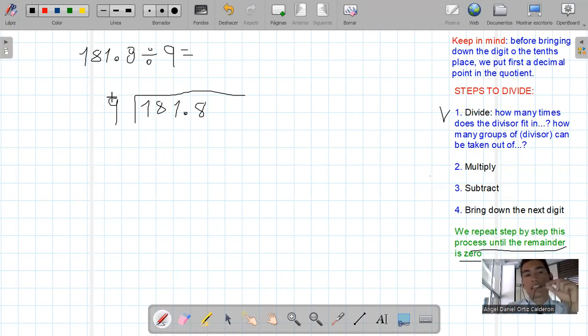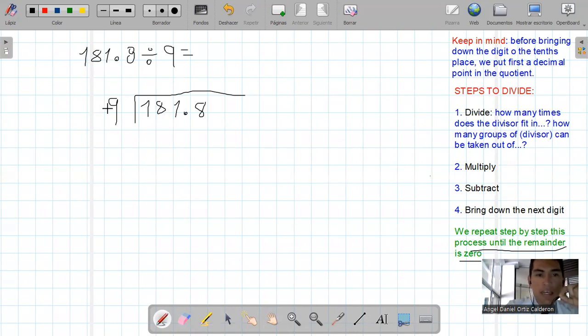So they ask themselves, how many times does the number 9 fit into 18? And they start the division taking the first two digits. Well, we won't do it. We will follow the same procedure because I think that this is better for you.